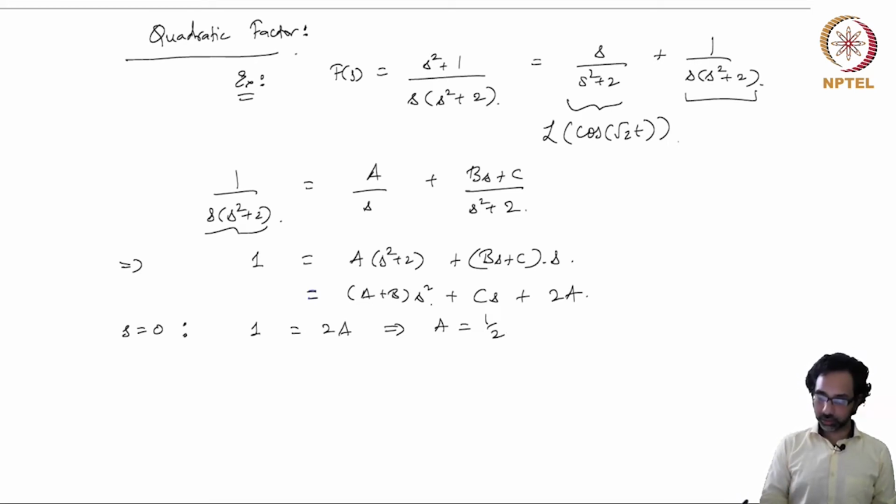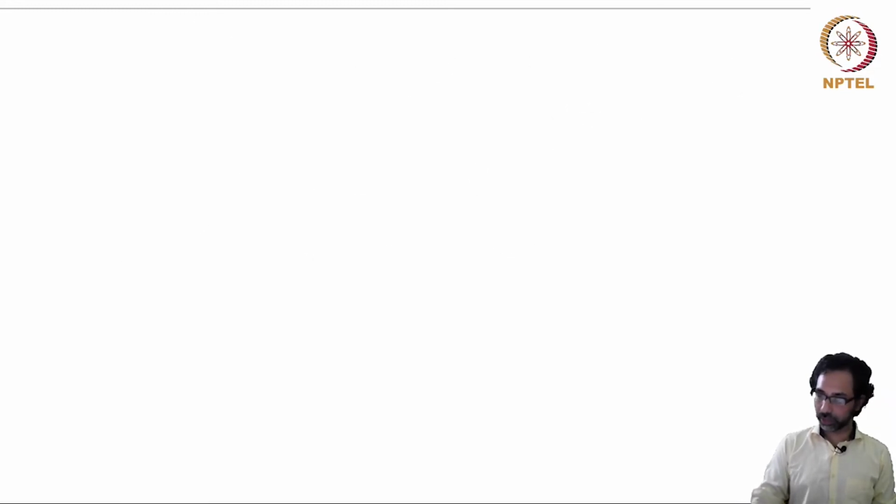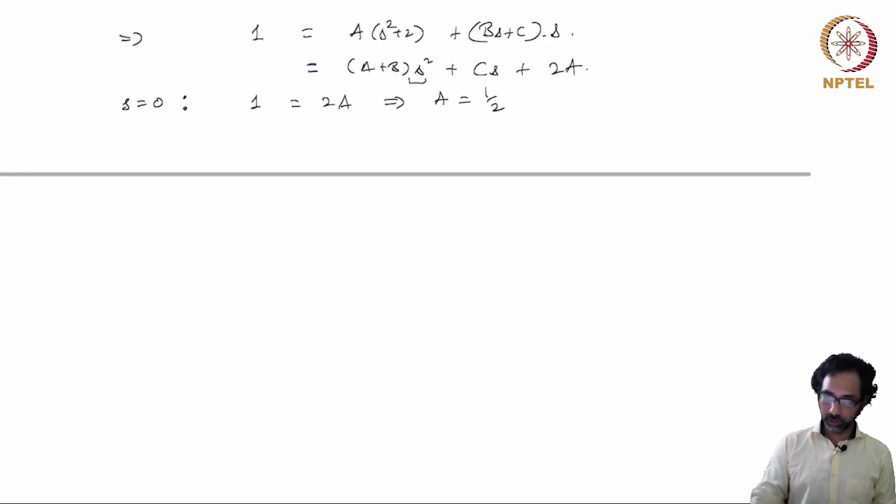Now there is a simple trick that one can use, which is to divide throughout by the highest power of s and then let s go to infinity. So let's divide by s squared on both sides.